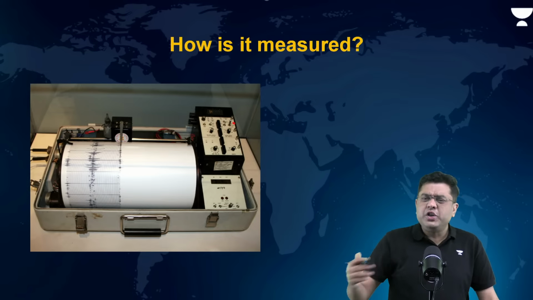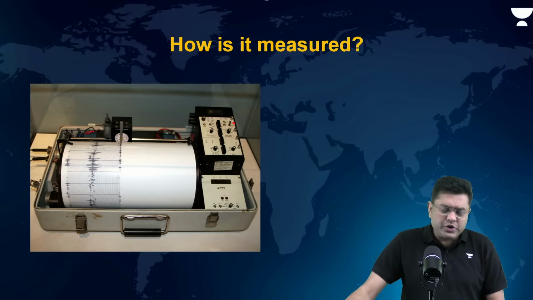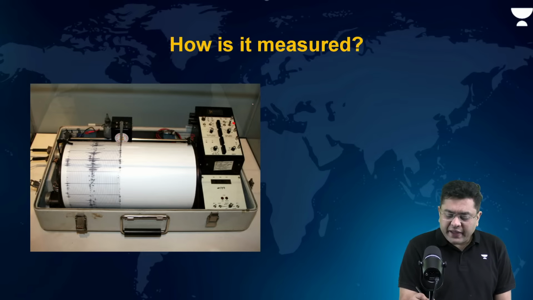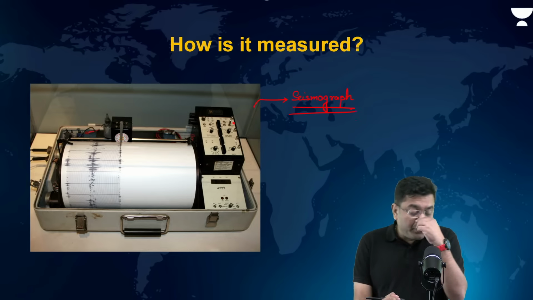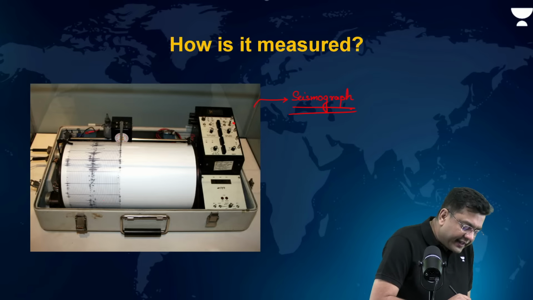Now, how do we measure an earthquake? There are various ways to measure it. There is a device known as a seismograph. In this seismograph, you would observe these kinds of readings.